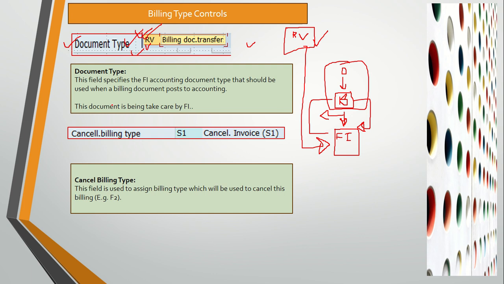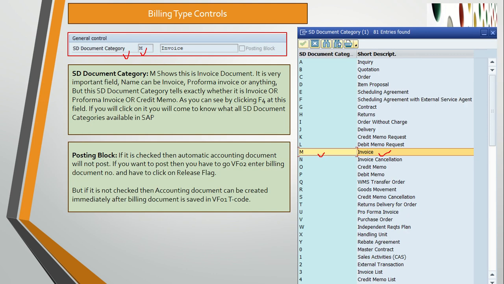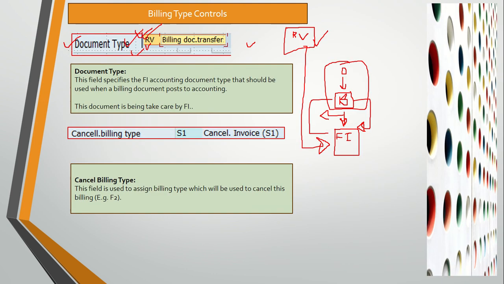Now coming to the next field, which is cancel billing document. I am telling you the important fields only, which need to be known by an SD consultant. This is the cancel billing document type you have to maintain. Cancel billing document is not related to accounting, this is related to sales and distribution only.